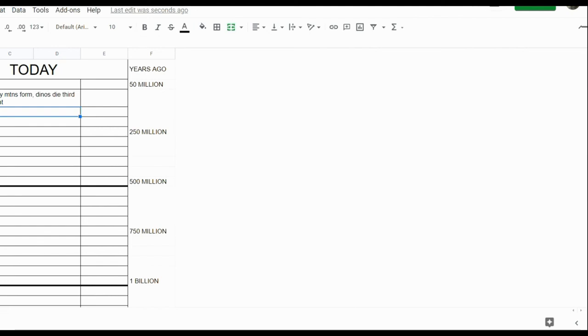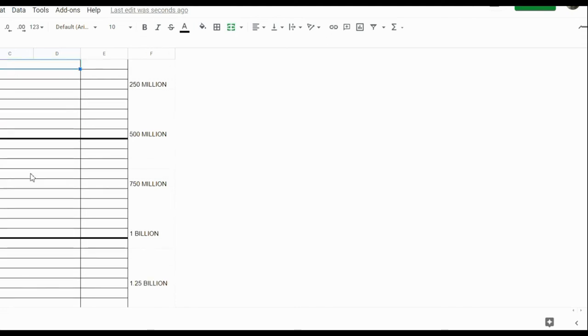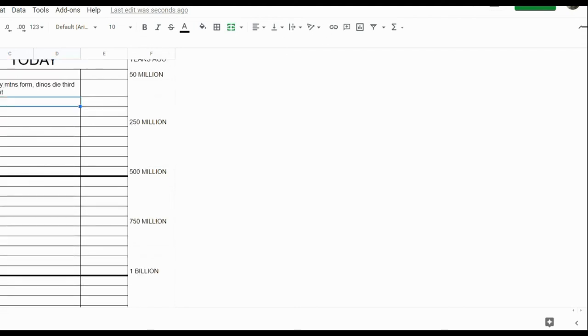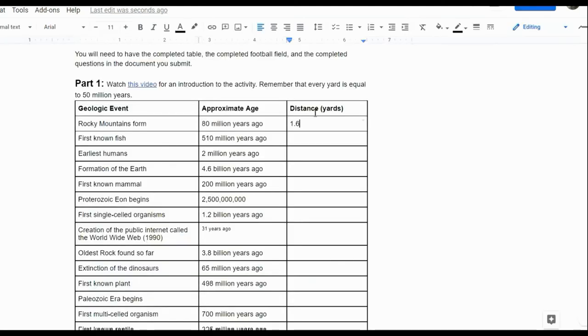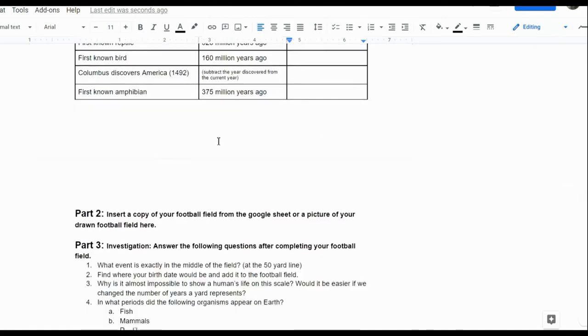You can put as many events in one space as you need to, and by clicking that wrap text, it will expand the box so that you can see everything. So you're going to go ahead and do that for all of your events. Every one of these events is going to go in that football field there.